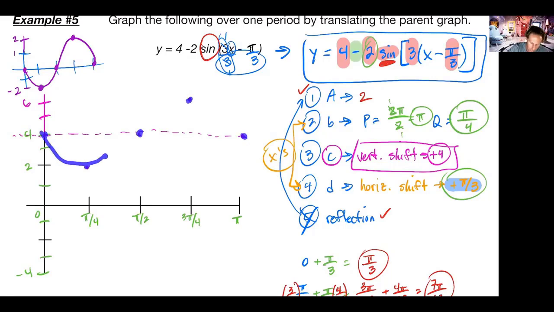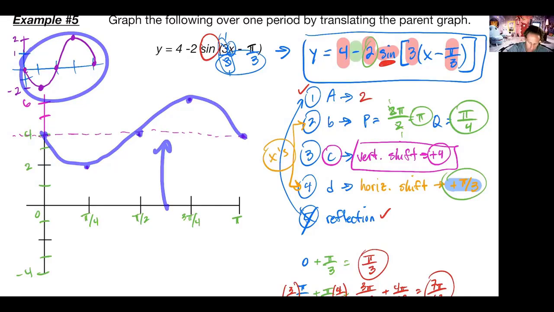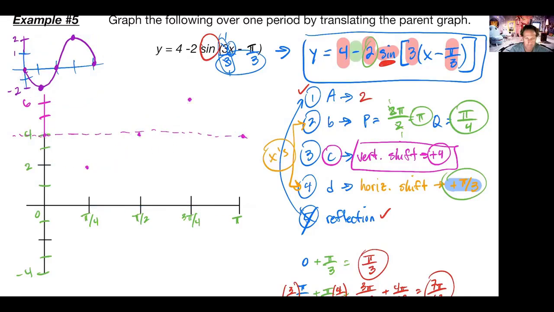So there's our curve, just like we had up here, but all shifted up 4 from the x-axis. Okay, so that is our second to last step. So I'm going to lightly dash that so that you can see those aren't part of my finished product.